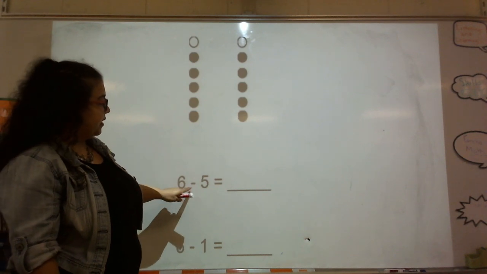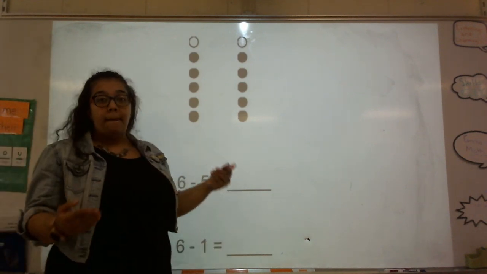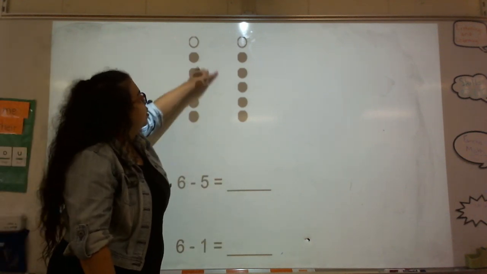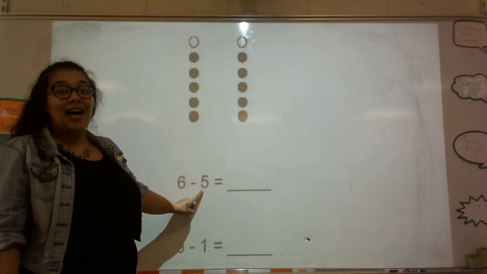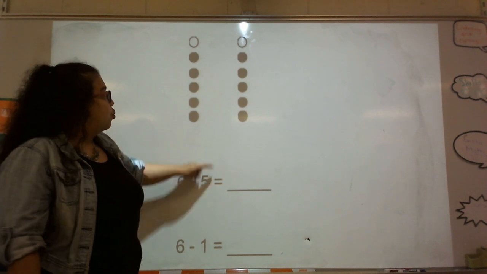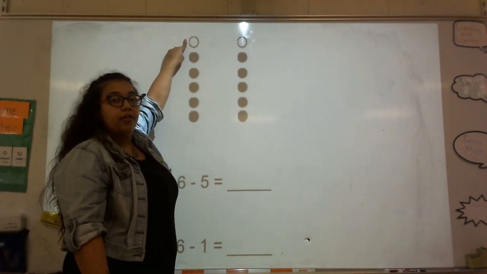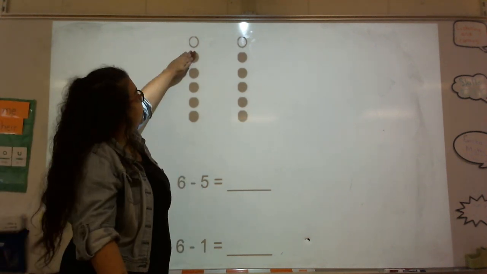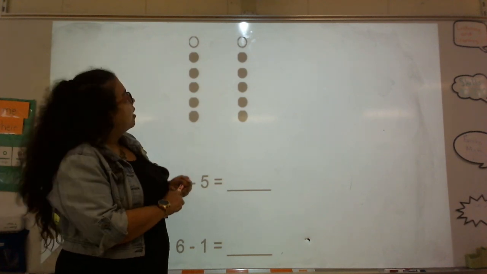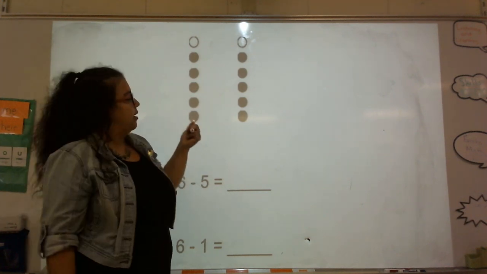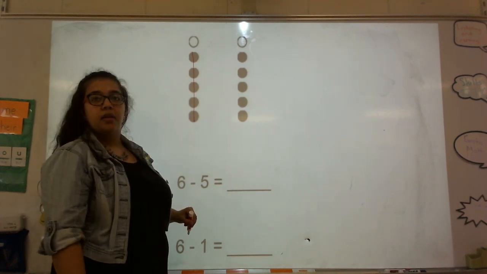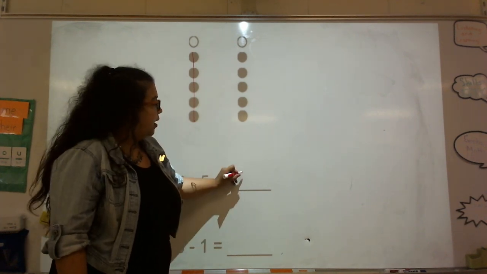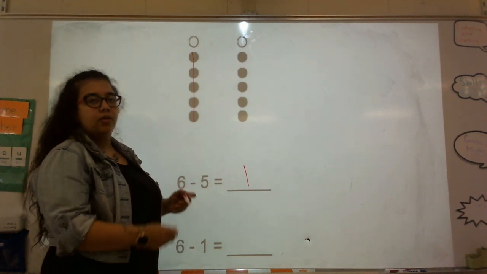So if this says 6 minus 5 is equal to blank, I need to, in this picture, take away how many? 5. If I'm taking away 5, will I start here with the second piece, or will I take it from the 5 group? I will take it from the 5 group. And what am I left with? 1. 6 minus 5 is equal to 1.